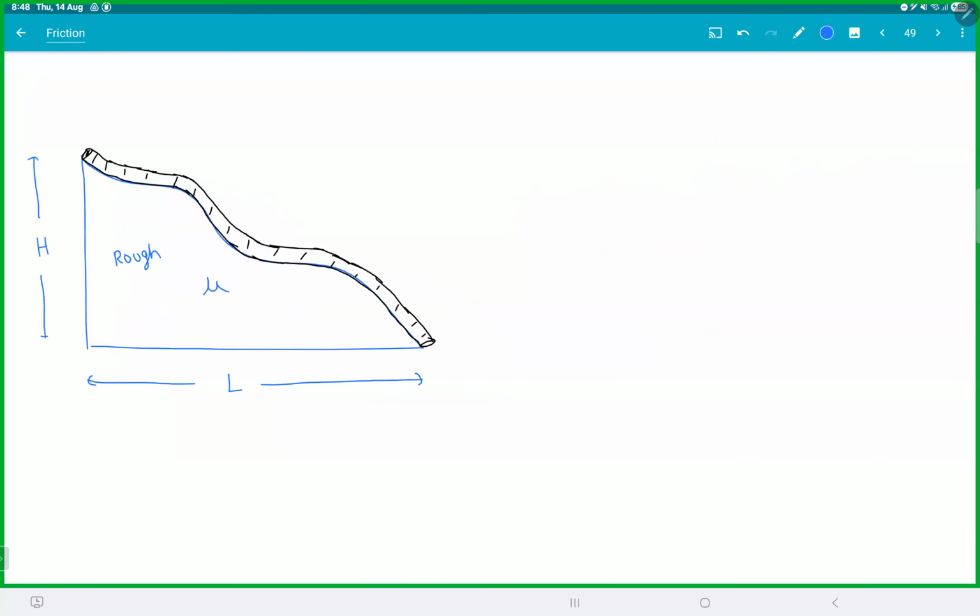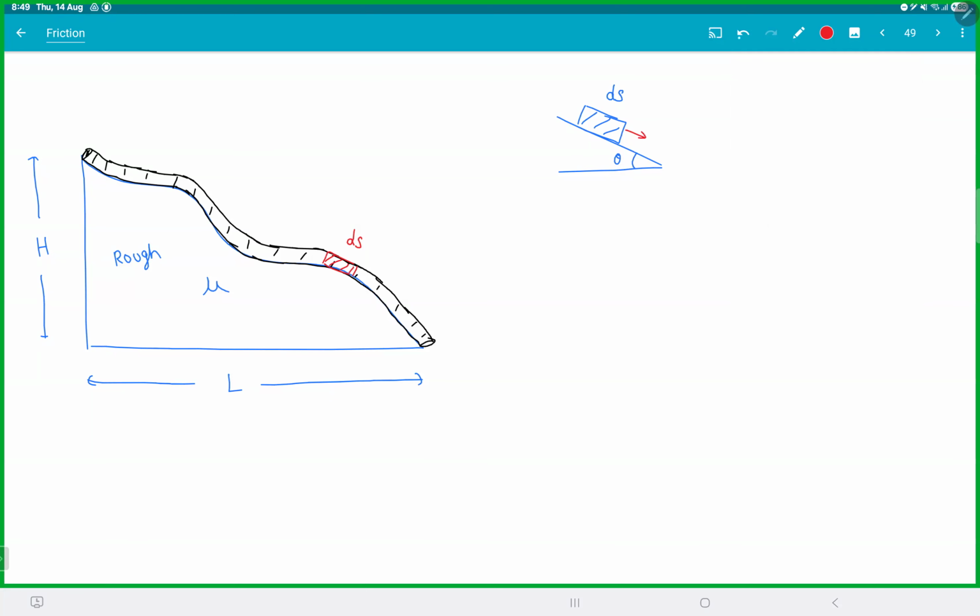So consider a small part of the rope. Anywhere, you take a small piece here, ds. So you can treat it like a small incline. What are the forces acting on this?